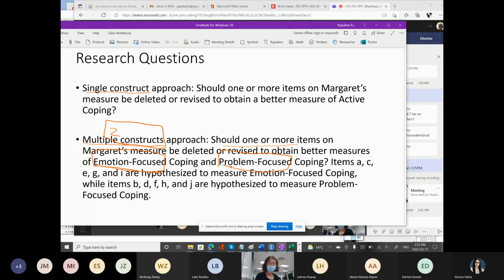And further to this second question, this is emotion-focused, problem-focused. If our result rejects emotion-focused and problem-focused, we need to create another two constructs. Those two constructs are other-directed and self-directed.